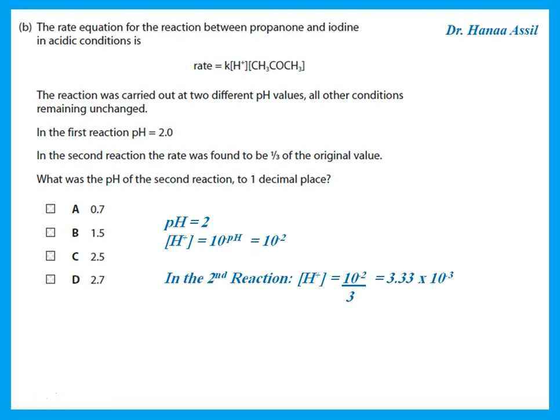So if the rate in the second reaction is 1/3, then the concentration of H+ also is 1/3 of that. Now, if this is the concentration of H+ ions, how do we get the pH? The pH is minus log of the concentration, and he wants it in 1 decimal, so my answer is 2.5.